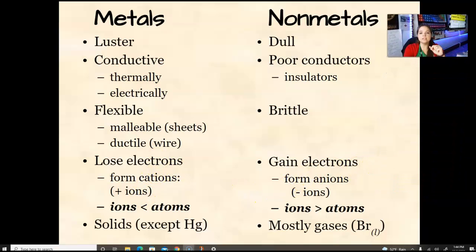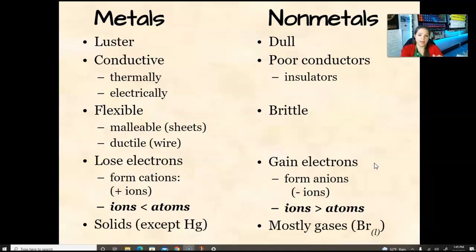And then we have these nonmetals. These are dull. They're not shiny looking like metal. They're poor conductors. You don't want to use them to conduct anything, but they're insulators. They can keep you from burning your hands, either electrically or heat-wise. They're brittle. They break apart. You can't put them into sheets. And these guys, they gain electrons, so they form anions.